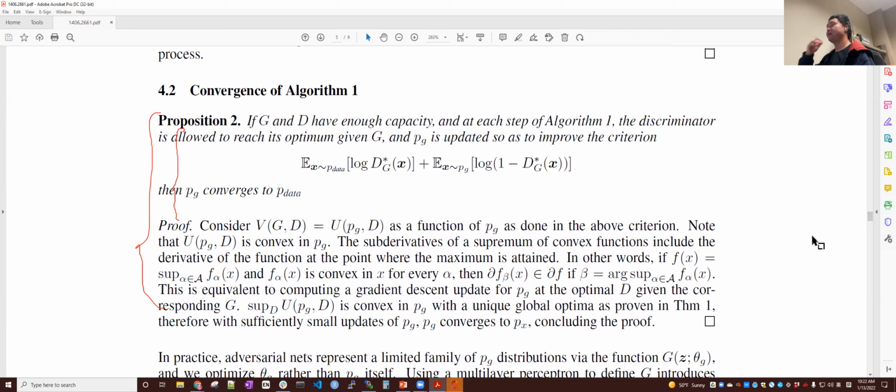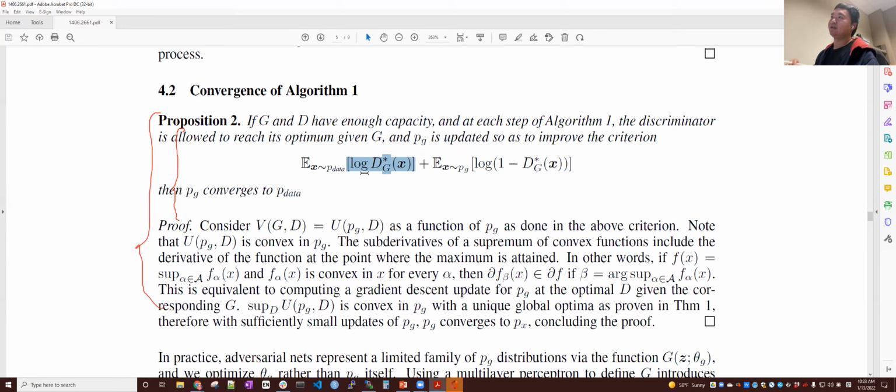Also, there are some problems associated with GAN, which have been studied over many years. The most famous one is the vanishing gradient. Suppose you train your discriminator really great, the best discriminator.